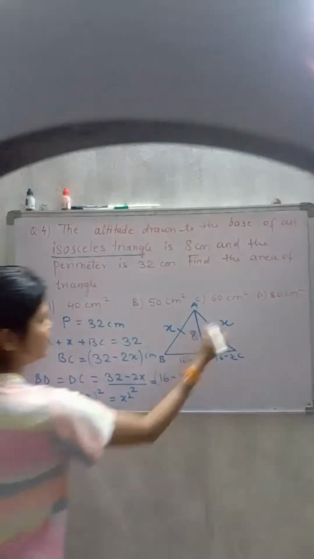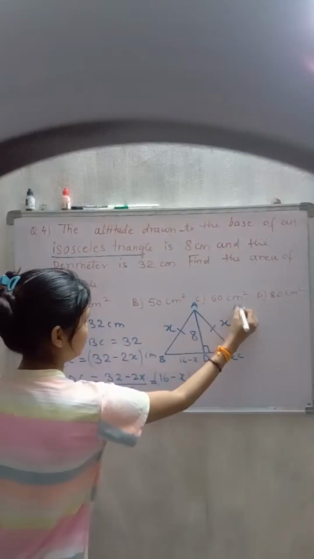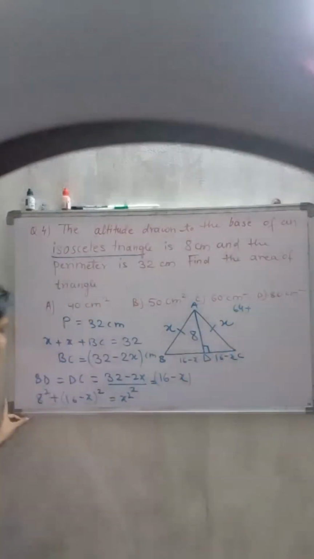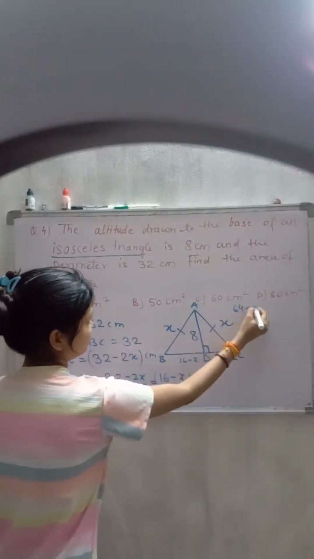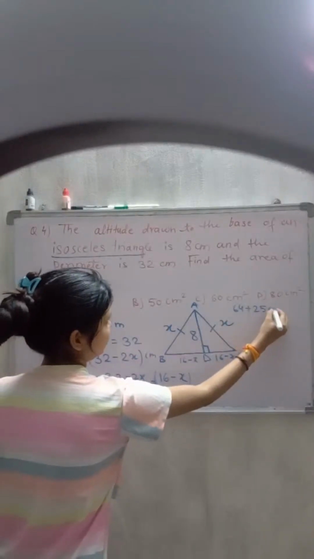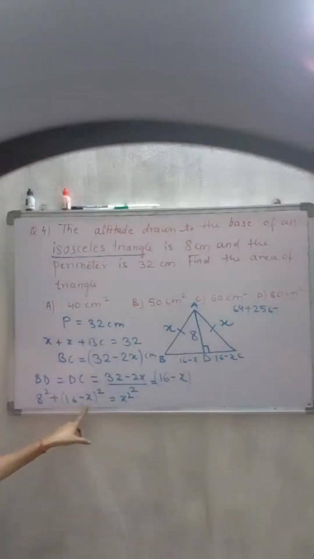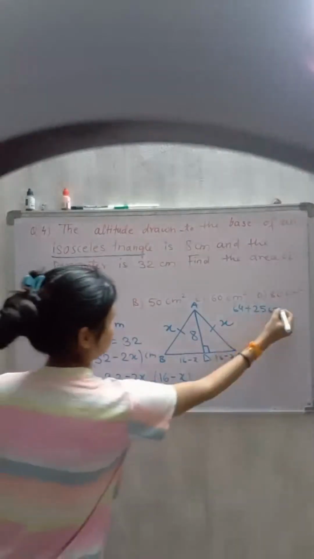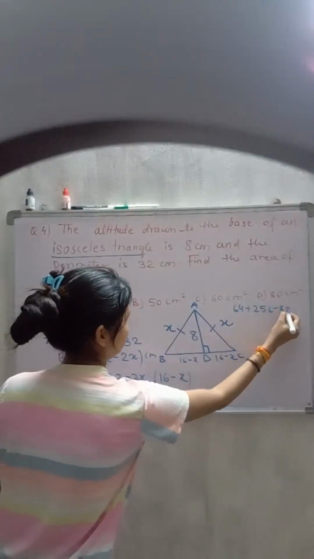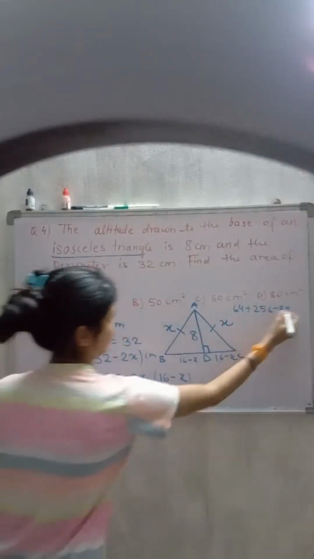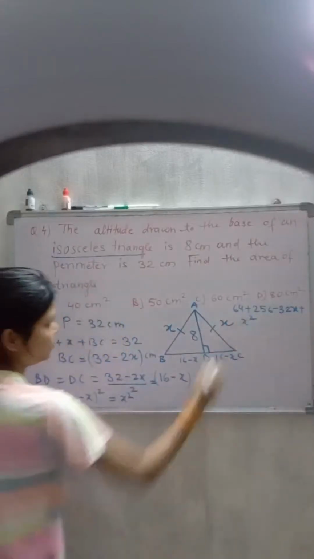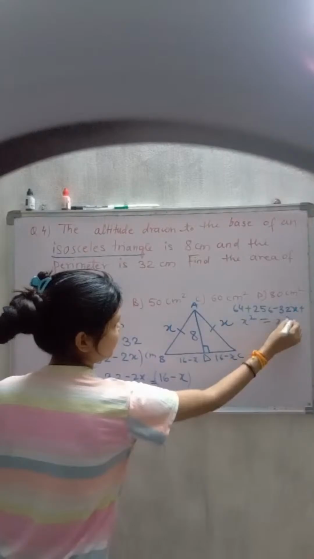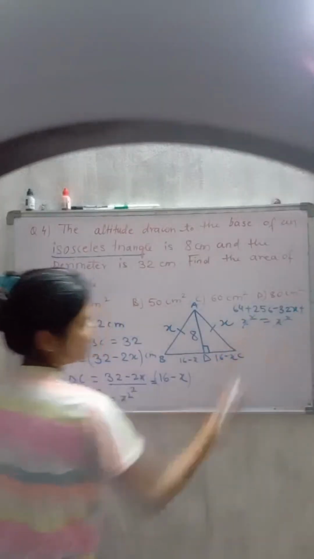Now 8 square is 64 plus expand this (a minus b) square, 16 square will be 256 minus 2ab, that is 32x, plus x square will be equal to x square. X square cancels out.